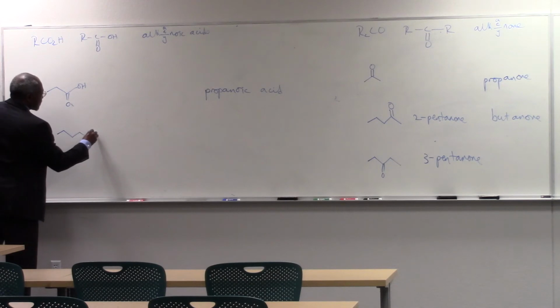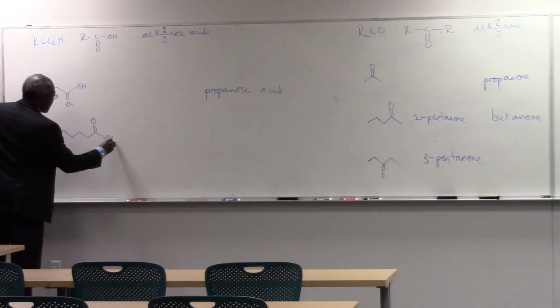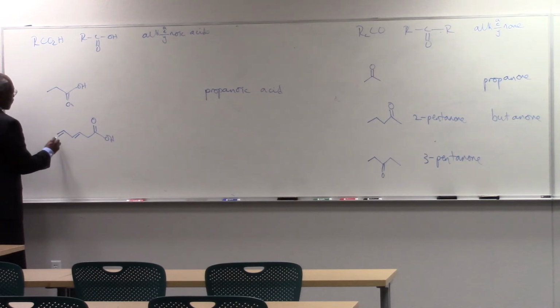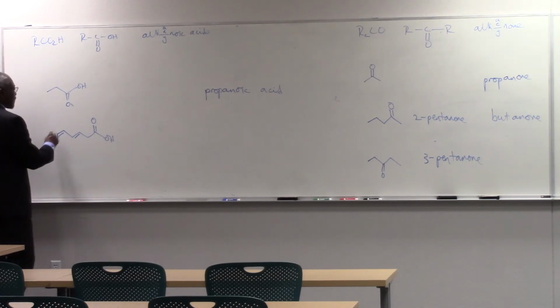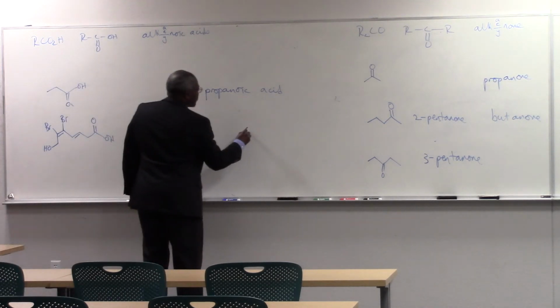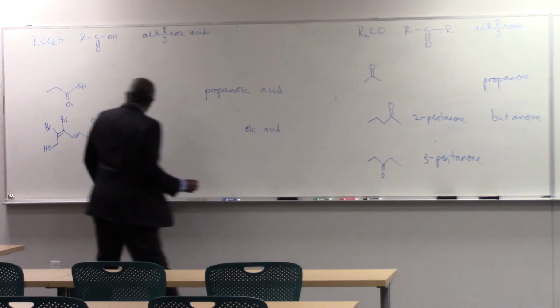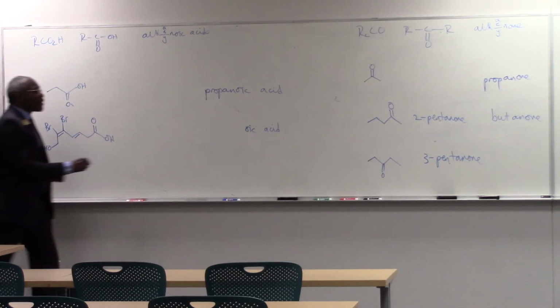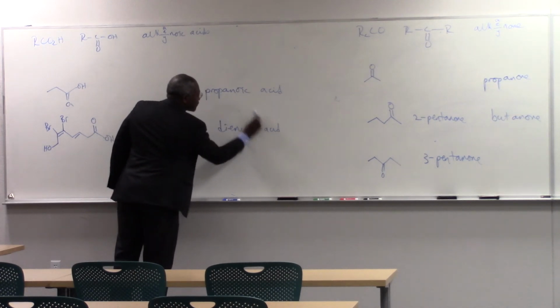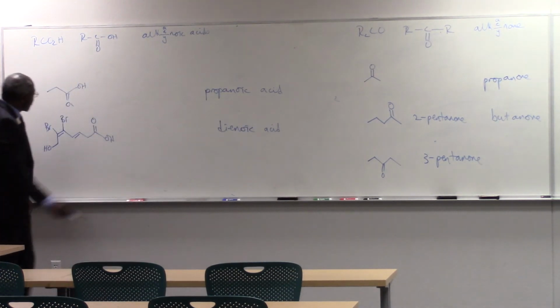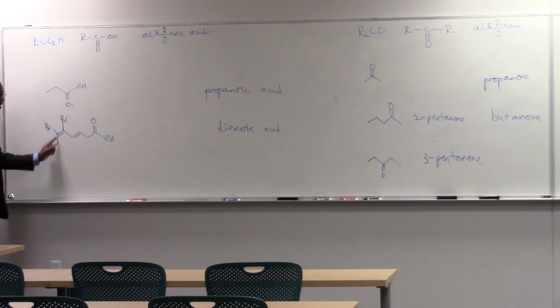What do I call this? So it's oic acid. The backbone has 2 carbon-carbon double bonds, so it is dienoic acid, two words. 1, 2, 3, 4, 5, 6, 7 carbons.